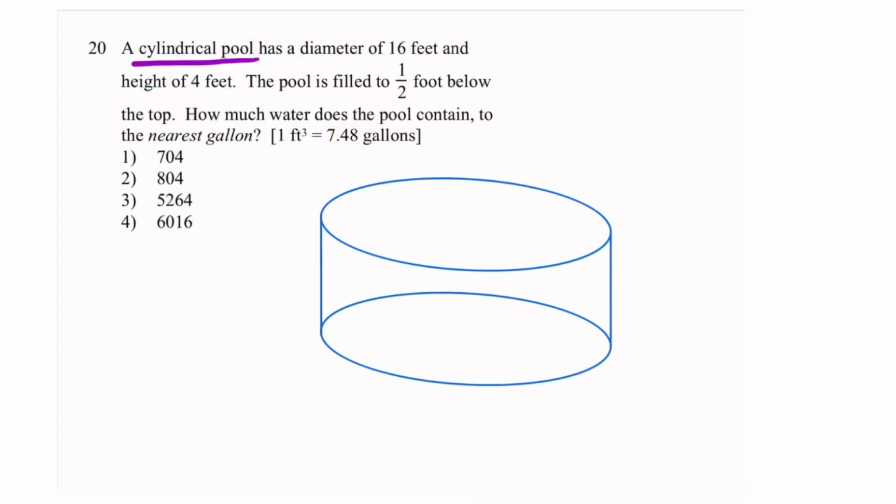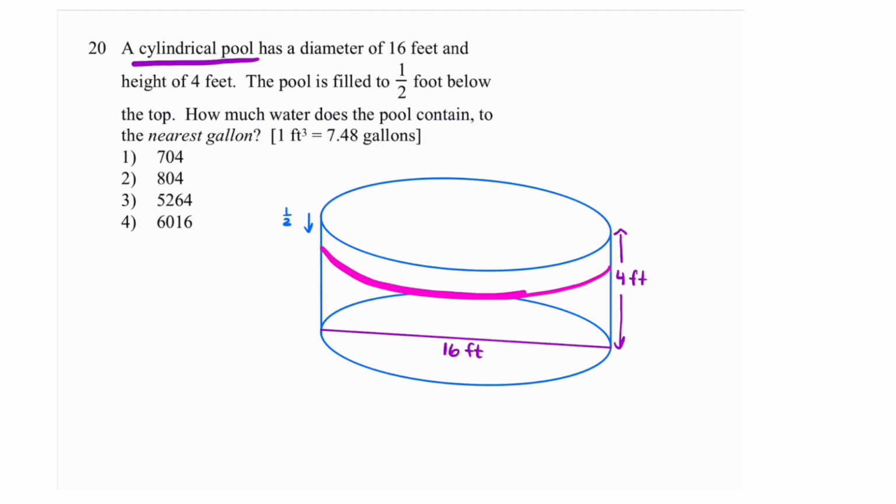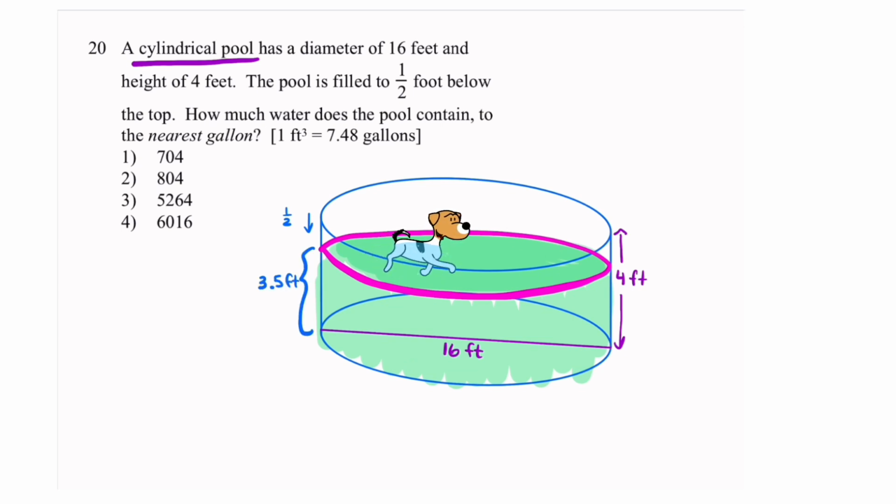Number 20. Now, a cylindrical pool has a diameter of 16 feet. Diameter goes all the way across the circle. A height of 4 feet. If the pool is filled up so that 1/2 foot is left on top, that means it's really been filled up to 3.5 feet. Now, how much water does the pool contain to the nearest gallon if 1 cubic foot is approximately equal to 7.48 gallons?